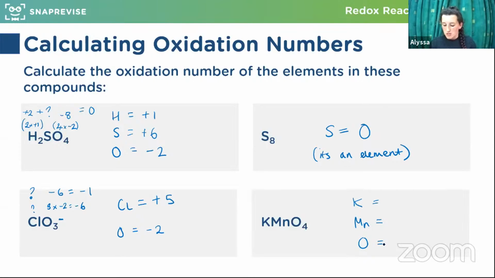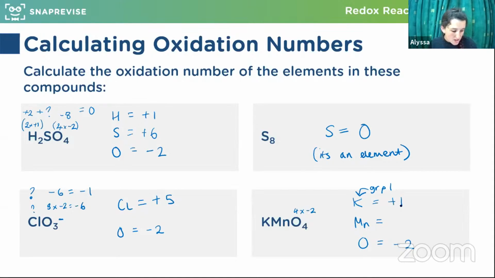It's not one of the exceptions. So oxygen has got to be -2. We know then we've got 4 lots of -2s. Potassium is a group 1 element. Group 1 elements have a charge of +1, so they have an oxidation state of +1 as well.